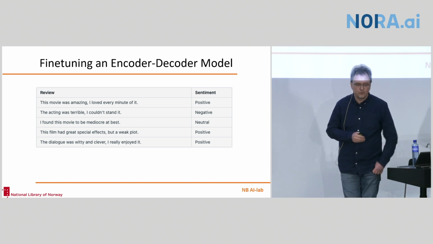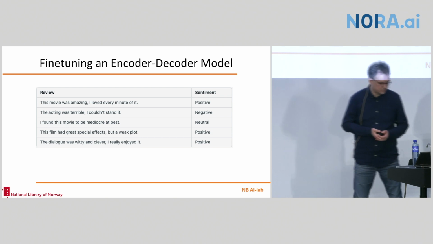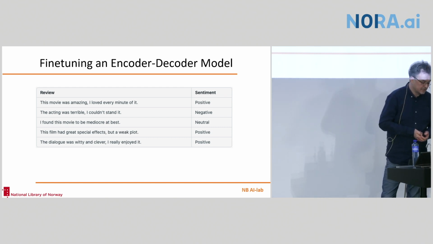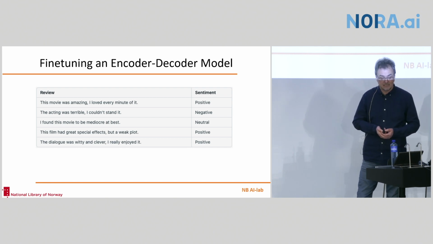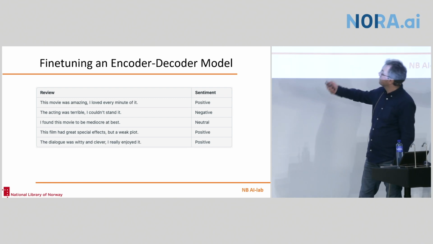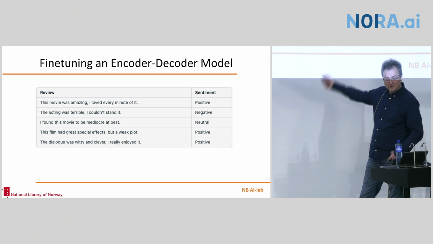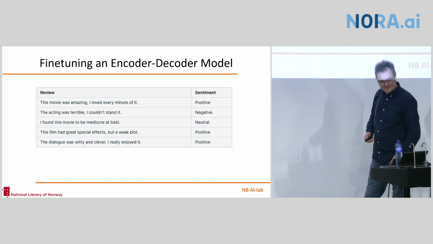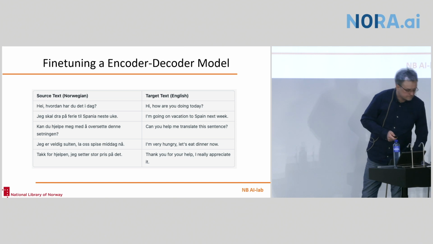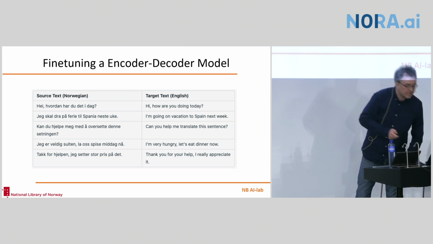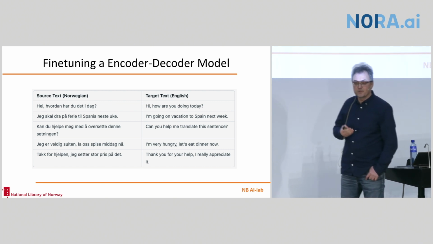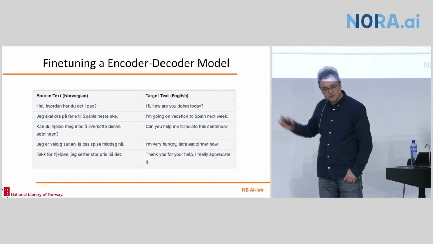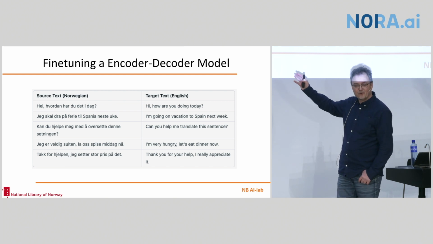If you want to fine-tune this model, for instance, for sentiment analysis, you have two columns. You have your movie reviews, and you have the score. If you want to fine-tune this model for translating between Norwegian and English, you just need pairs of Norwegian and English text.